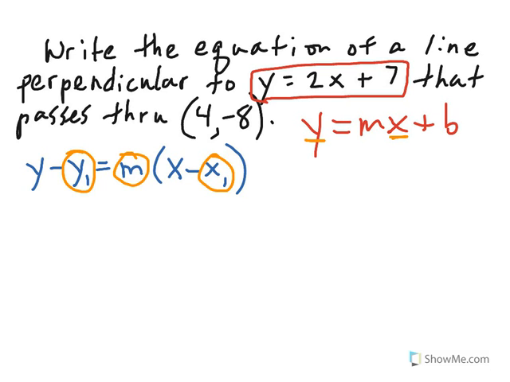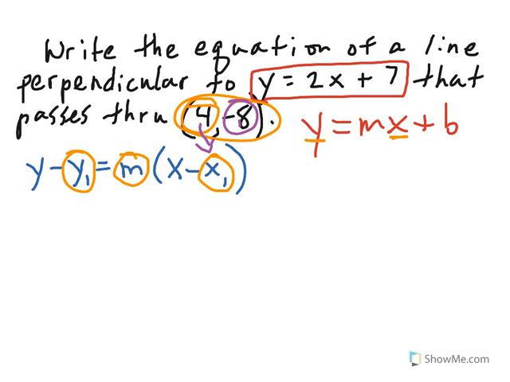Y and x are always in those equations. Those are our variables. We just need the other three. And we have that information. Here's a point that the line we want happens to go through. What does 4 represent? 4 is an x-coordinate, so let's put it right there. And what about negative 8?